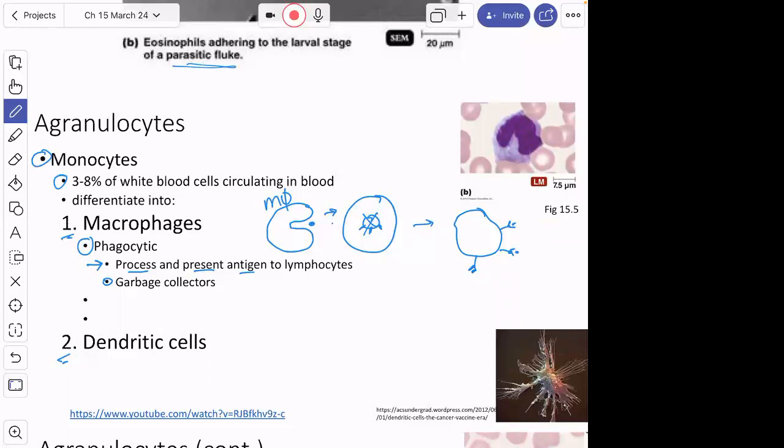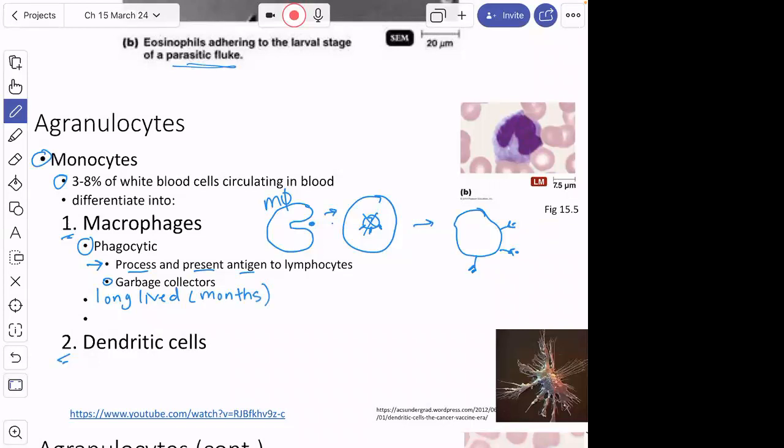Cells are continually being worn out and replaced, and our macrophages clean that up. They are long-lived. We talked about how neutrophils typically only survive a matter of hours, whereas macrophages are likely to survive months.